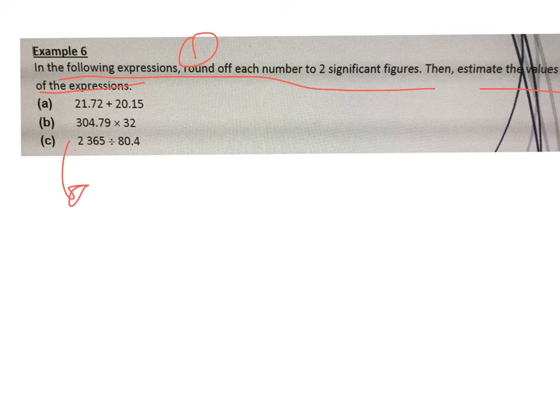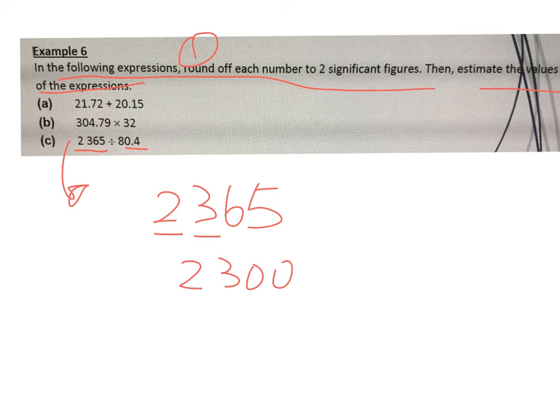If we want to round off these two numbers to two significant figures, for 2365, the first significant figure and the second one give 2300, but we also need to consider whether it is closer to 2300 or 2400.